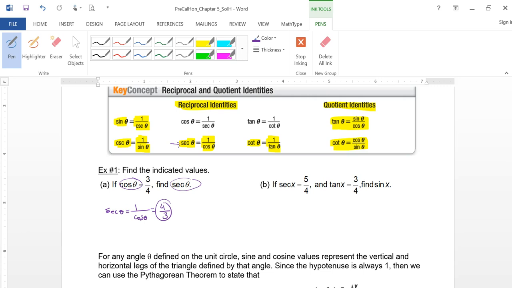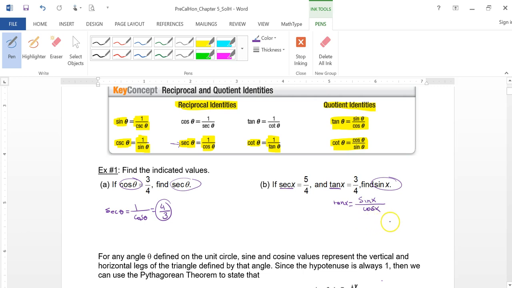Now, here I have secant of x, tangent of x, and I need sine of x. So again, how are those two related to sine? Well, I know that tangent of x is sine x over cosine x. I have tangent. I need sine, if only I had cosine.